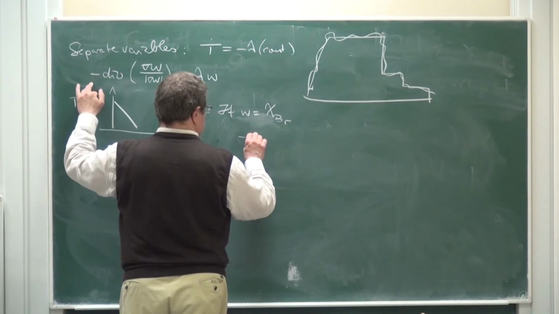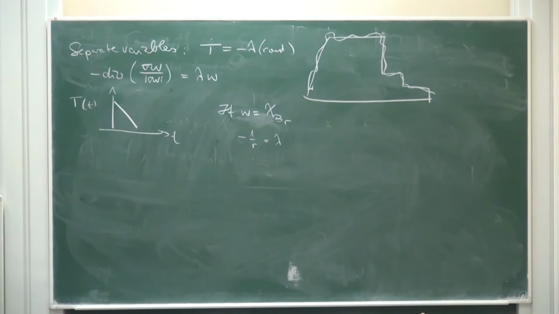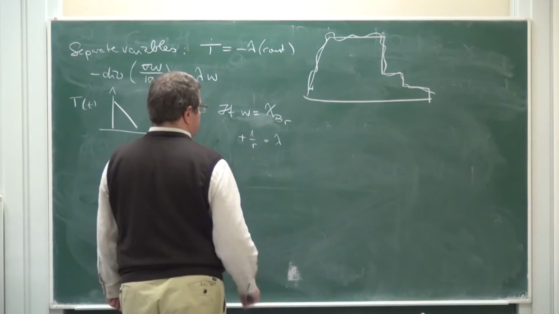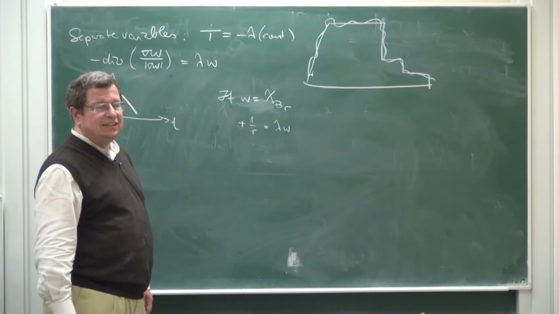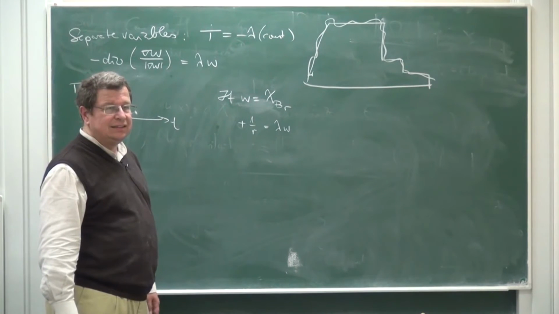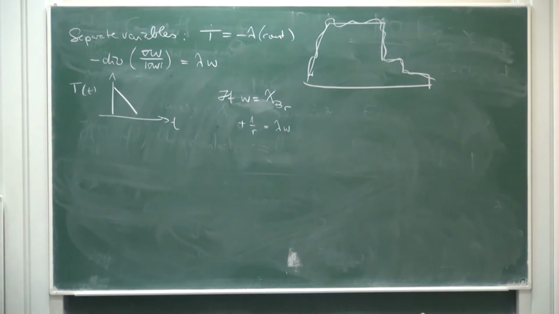Then we have here minus 1 over r is equal to lambda, or plus 1 over r. 1 over r is lambda times w, but only on the boundary. That's the curvature of the level set.